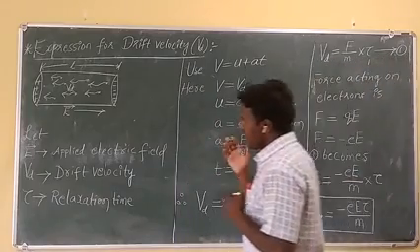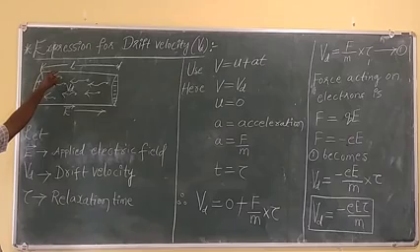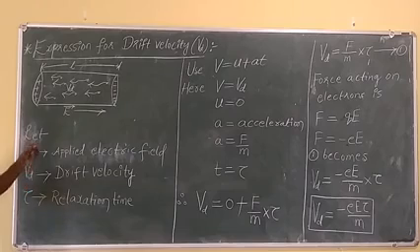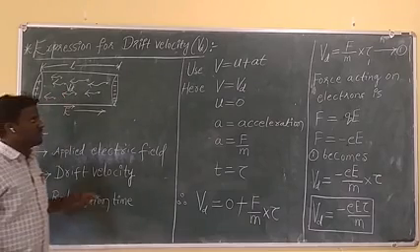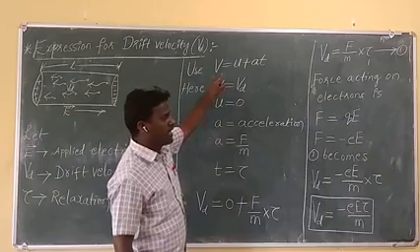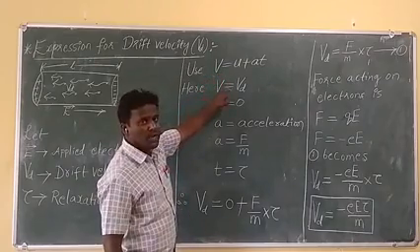So, first, consider a conductor. Let L be the length of the conductor and E be the applied electric field. Here let Vd be the drift velocity of the electrons. Tau is the relaxation time, and use the relation V equals U plus At. Here V equals Vd.